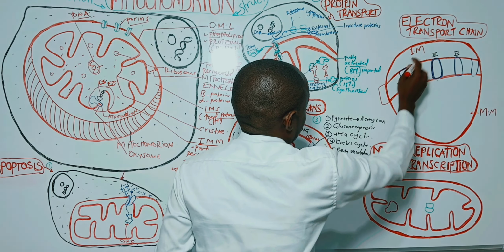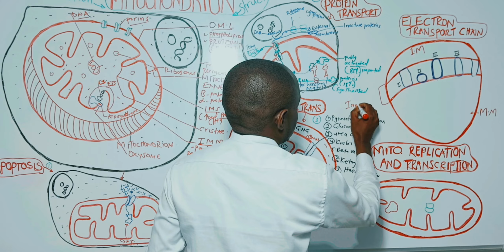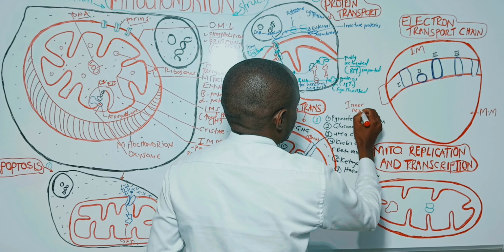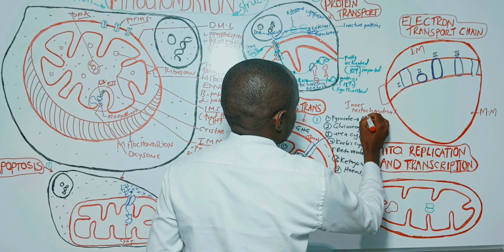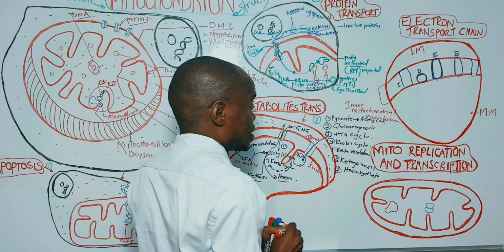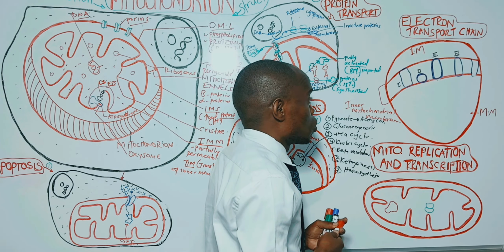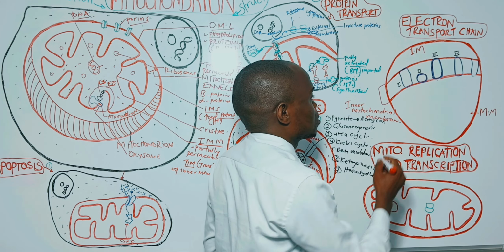This one is what we call the inner membrane, the inner mitochondrial membrane. Now, this membrane has the inside part of it, which is what we call the mitochondrial matrix.